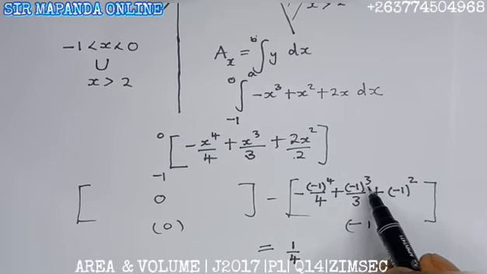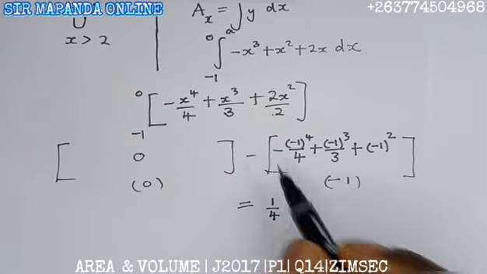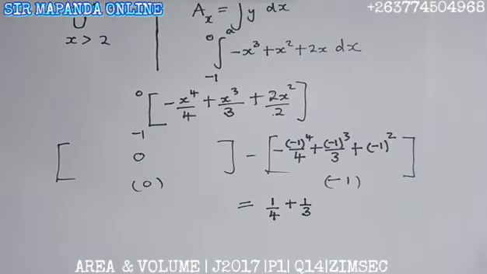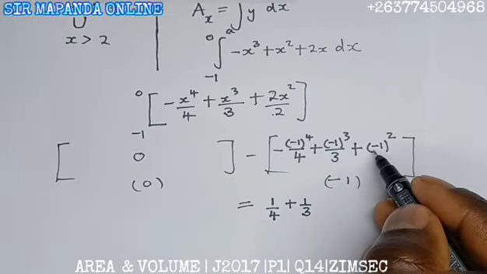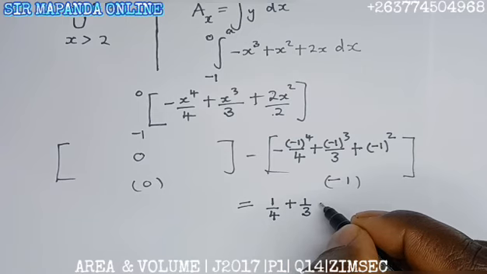Then -1 to the power of 3 is -1, but we have a negative here. So we are going to have plus 1/3, right? Then minus here times plus, you get -1.